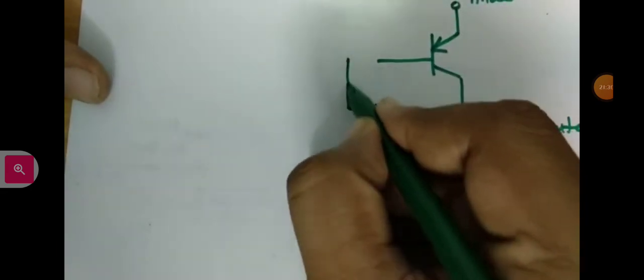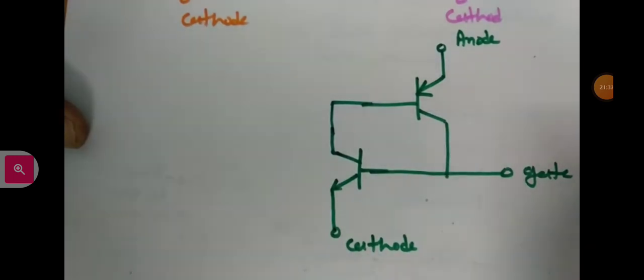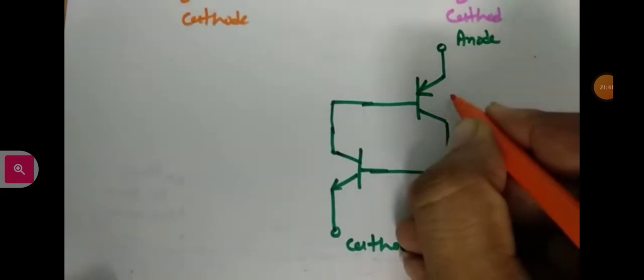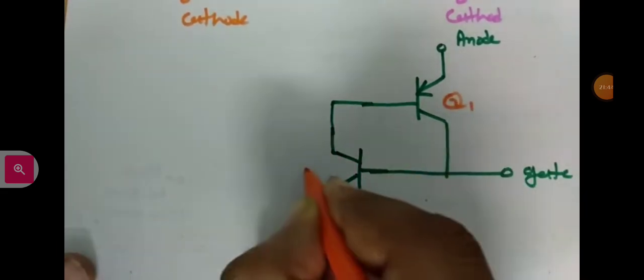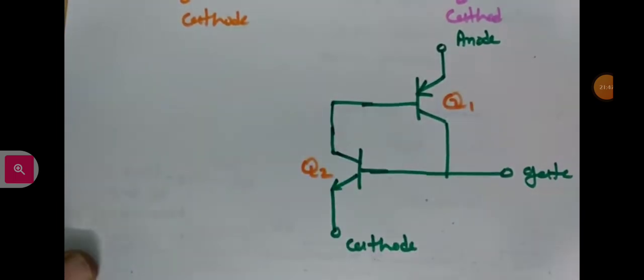So here I need to connect this. One can now see the equivalent circuit. This is the equivalent circuit of SCR in terms of the two transistor analogy. Let us say this is transistor 1 and this is transistor 2.